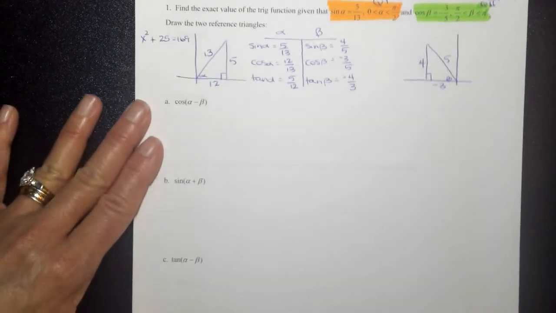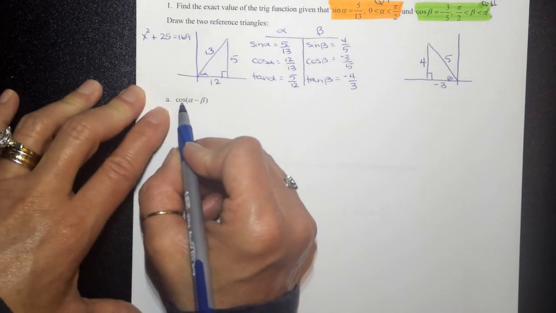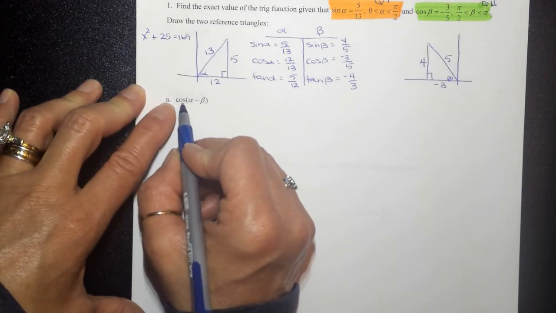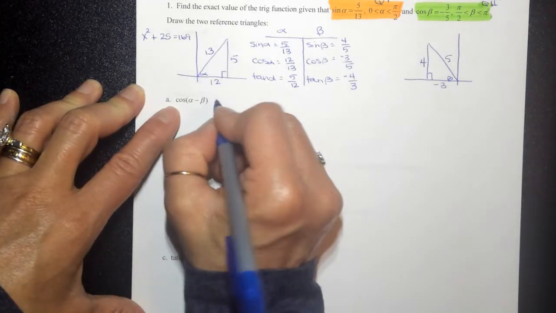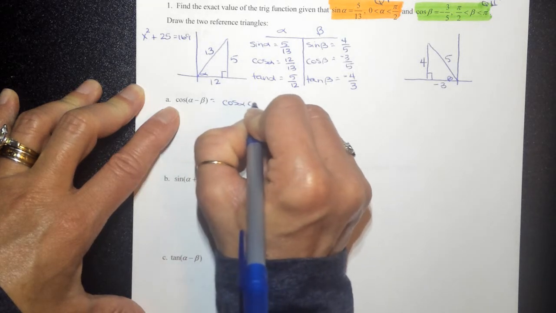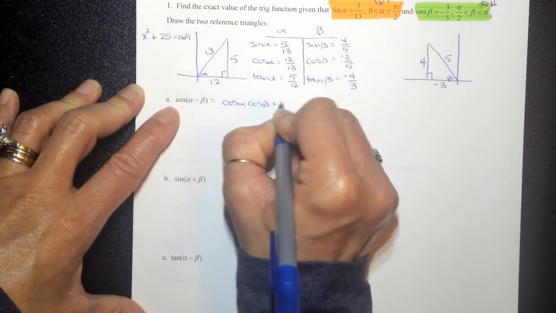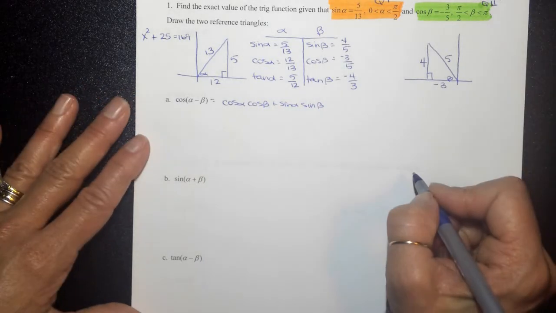What I do need to remember are my sum and difference for sine and cosine, so I'm going to write that down for my first problem. In A, cosine of alpha minus beta, so that means I'm using the difference formula for cosine, which is the cosine of alpha, cosine of beta, plus sine of alpha, sine of beta. And you will need to know these.